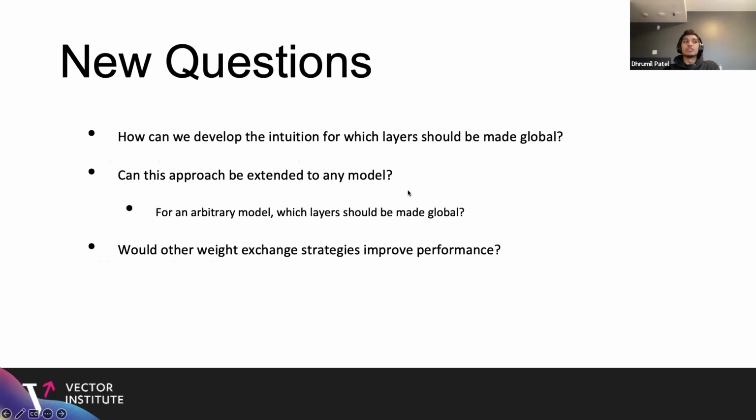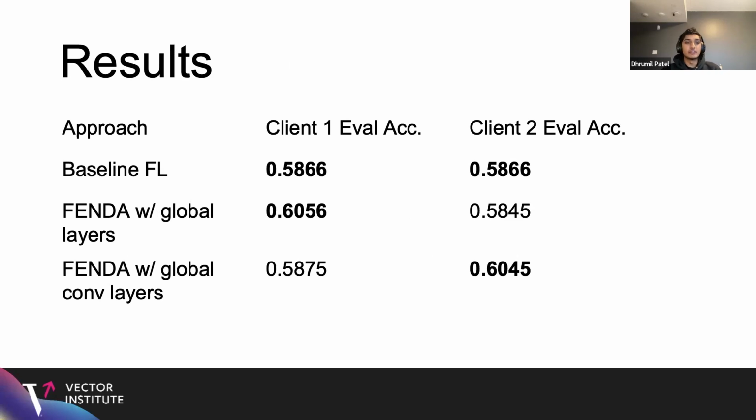The new questions that come out of this specific experiment are particularly in the number of decisions we had to make. For one, the results here are obtained by manually selecting the layers to be duplicated.